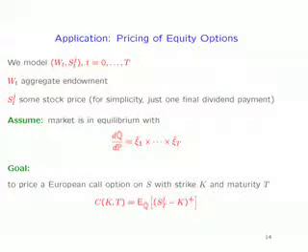I'm going to model these two as a two-dimensional stochastic process in discrete time. I'm going to assume that for the time period I'm looking at, the stock is not going to pay dividend payments, and that the whole market is in equilibrium.